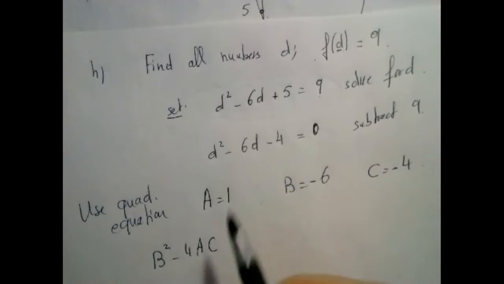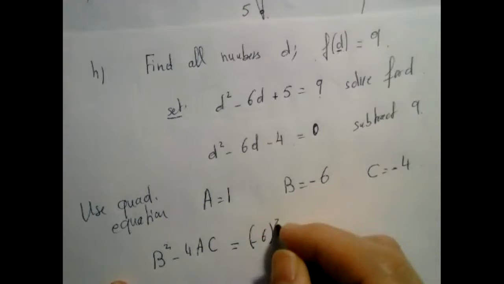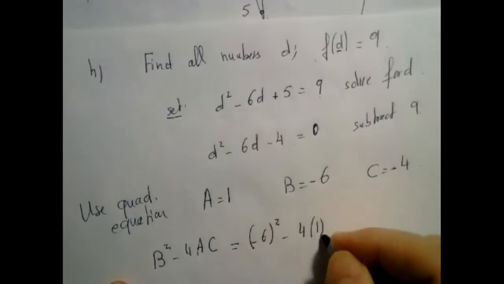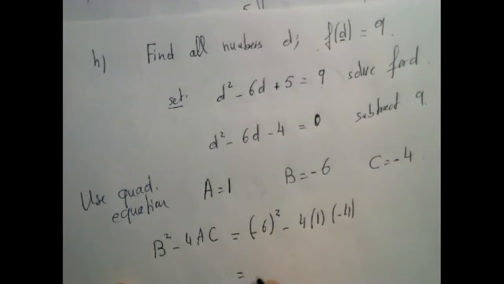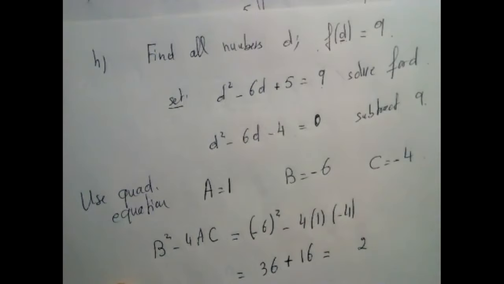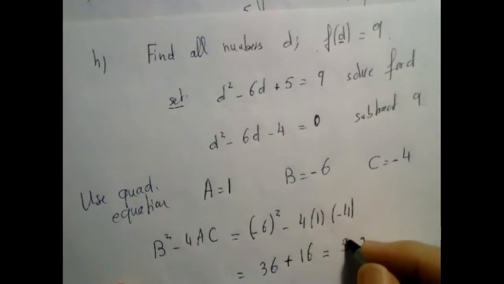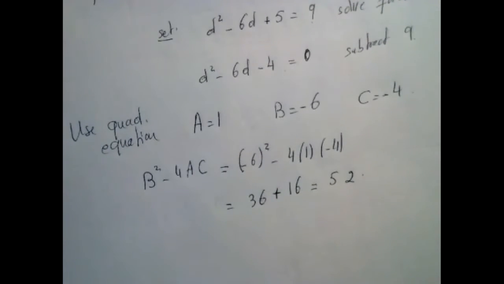So we have to make sure that things are fine. So it's -6 squared minus 4 times -4. So this would give me 36 plus 16. So that will give me 52. So B squared minus 4AC is 52.